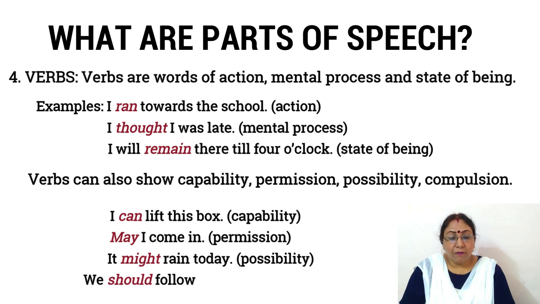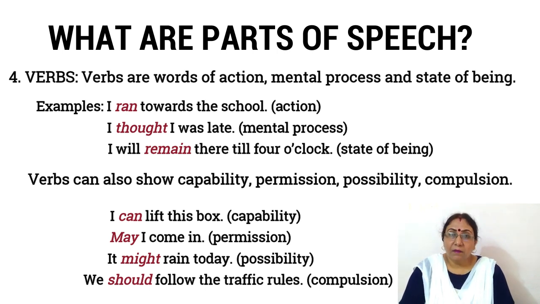If we say we should follow the traffic rules, here should is also a modal verb and it shows compulsion, that we must follow the traffic rules. So verbs are action words, they are mental process, they even show state of being, and they even show capability, permission, possibility, or compulsion.